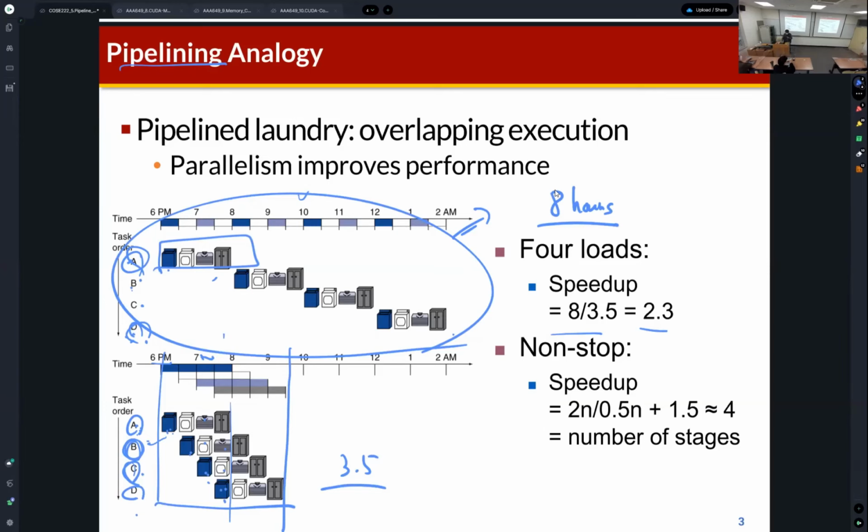The single cycle processor needs to wait until one instruction completes its execution, which means it takes a long time to complete the instruction. So in order to complete these four tasks, or four instructions, it takes a very long time.